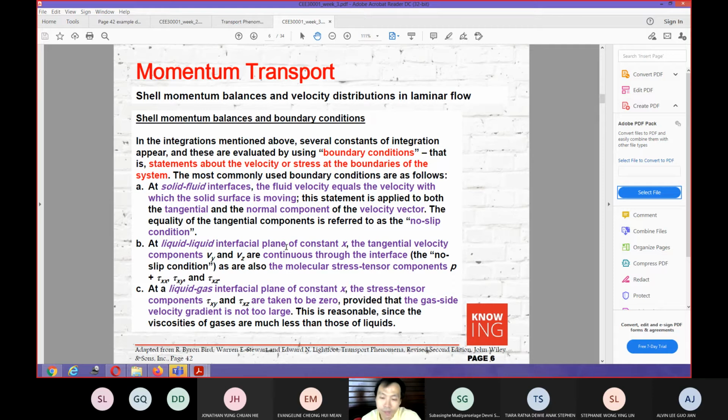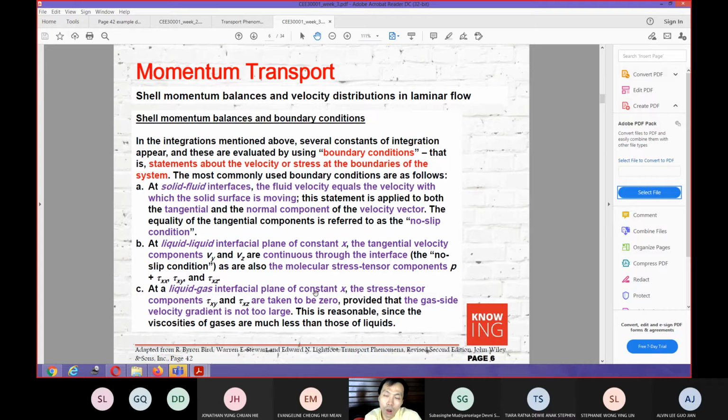Now, transport phenomena is a rather mathematical subject, but what is important in transport phenomena is the physical significance. And when we have that mathematical derivation, it has to always be connected with the statement of the velocity or stress at the boundaries of the system.